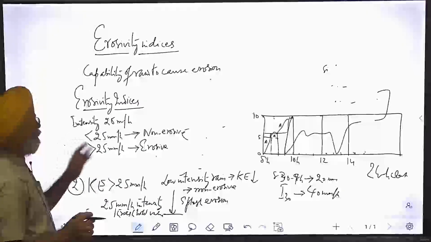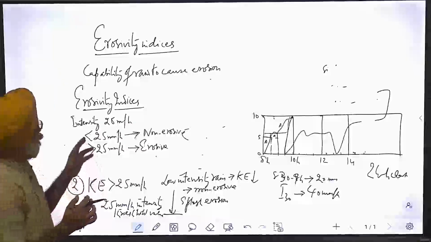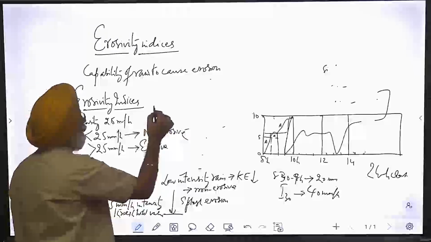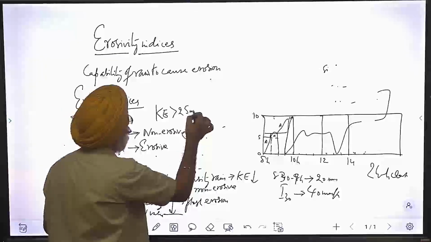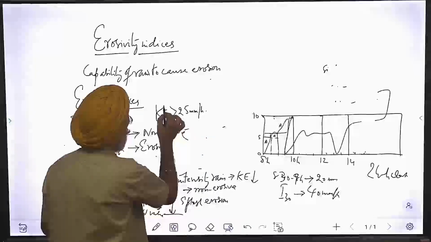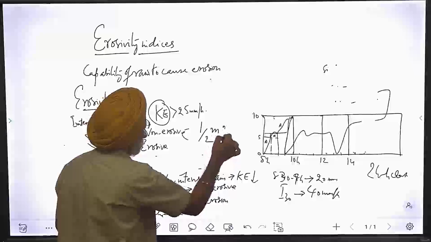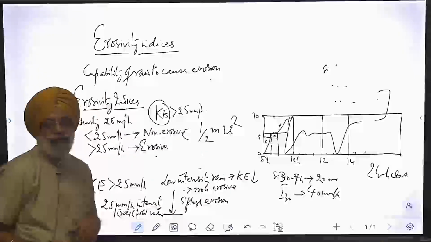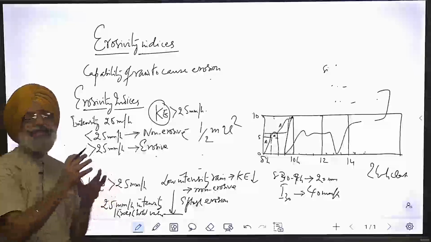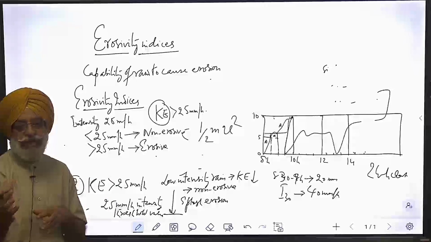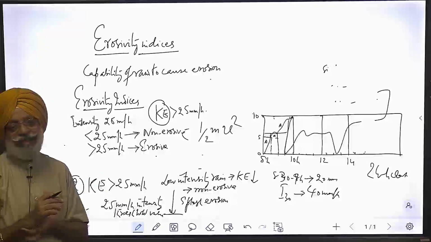So, based on this, what we find out is the index, that is KE greater than 25 mm per hour. We calculate the kinetic energy, you know, kinetic energy 1/2 mv square. So, simply whatever rain amount is there with intensity greater than 25 millimeter per hour, that index is called KE greater than 25.